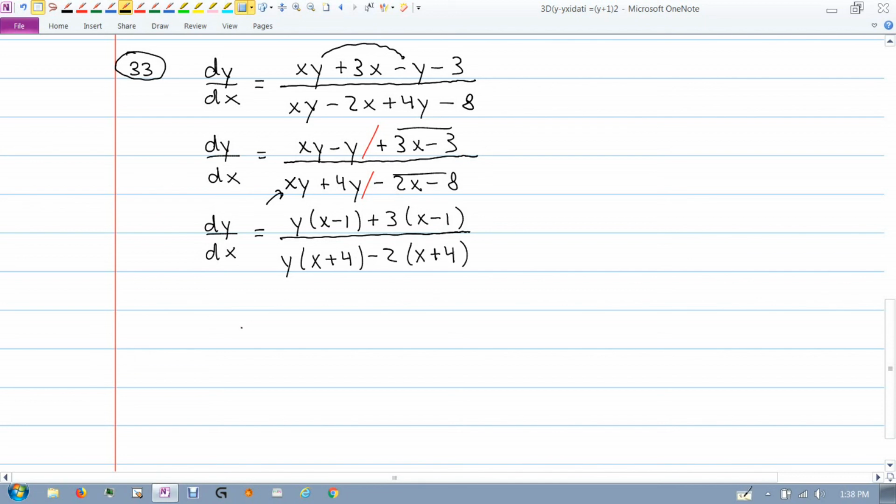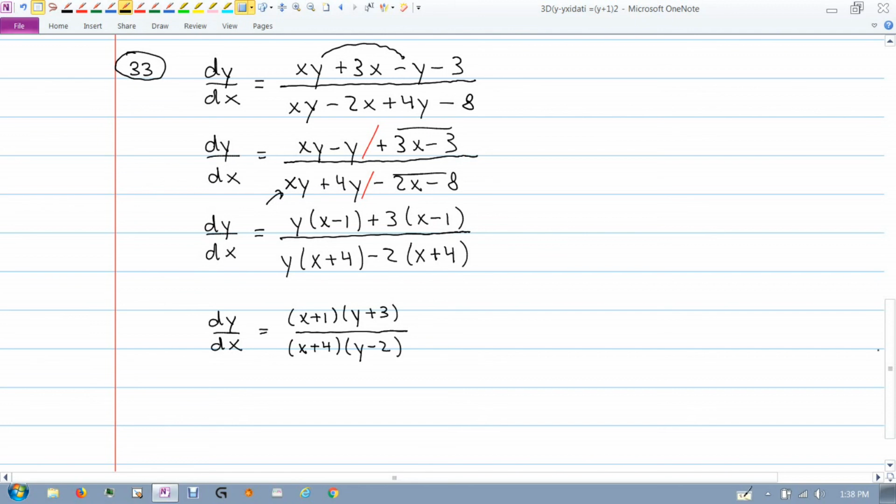And that factors to be dy/dx equals x plus 1, the common factor, times what's remaining, y plus 3, over x plus 4 times y minus 2. Why does my computer keep going into some mode over here?